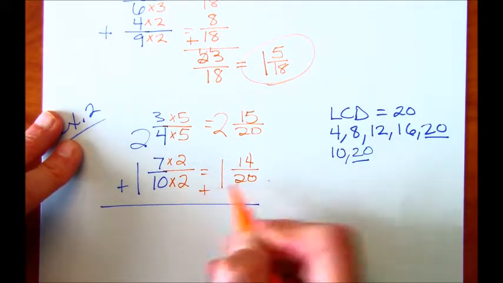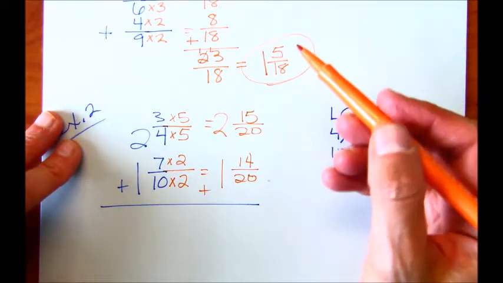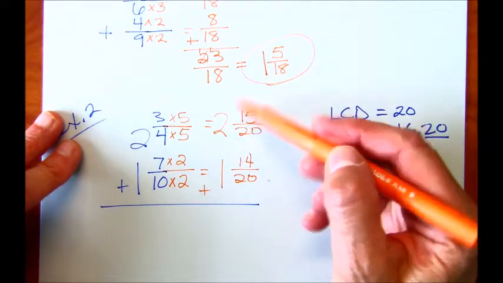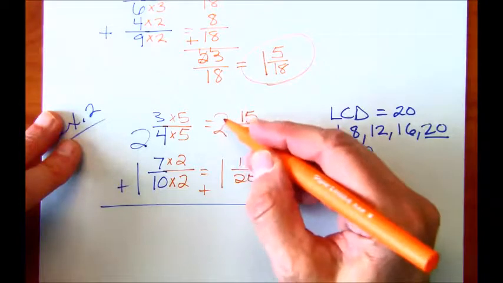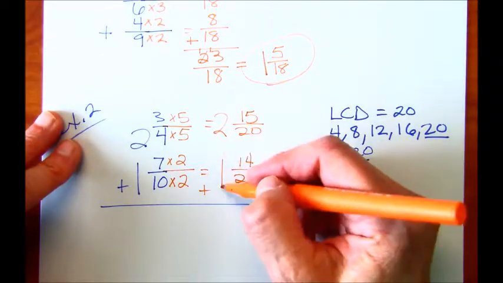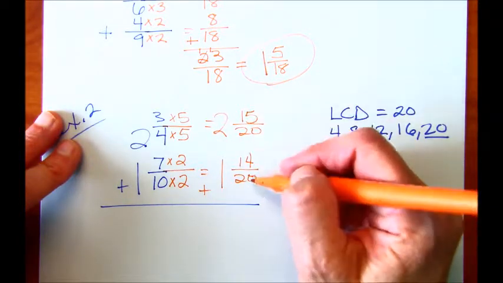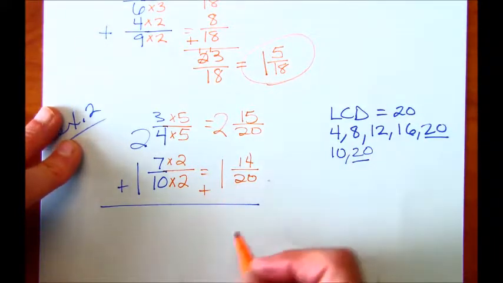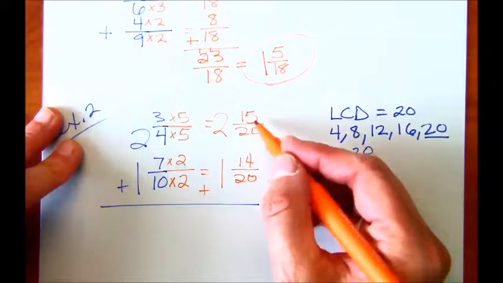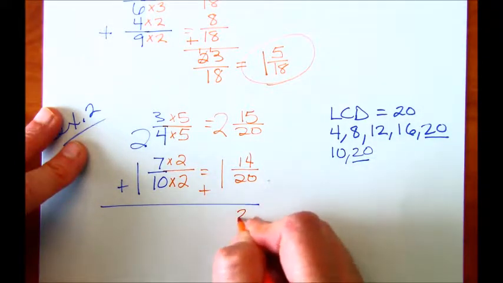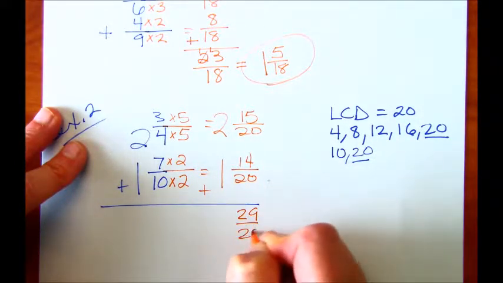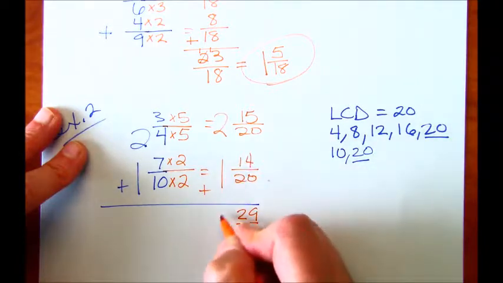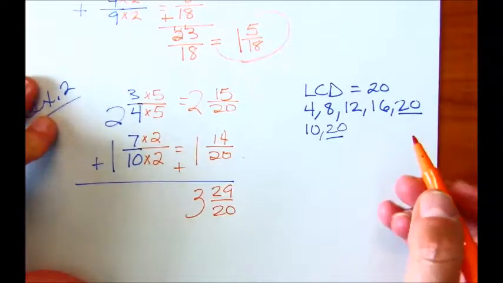Now we can add, and with mixed numbers, it really doesn't matter if you add your whole numbers first and then your fractions, or your fractions and then your whole numbers. So I'm going to start with the fractions first. That's going to give me 29/20, and 2 plus 1 is going to give me 3.